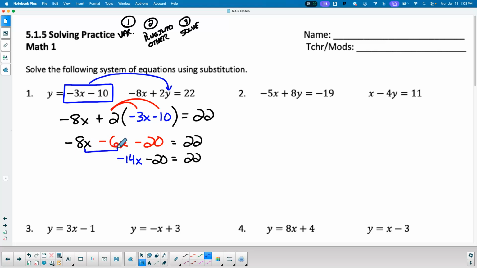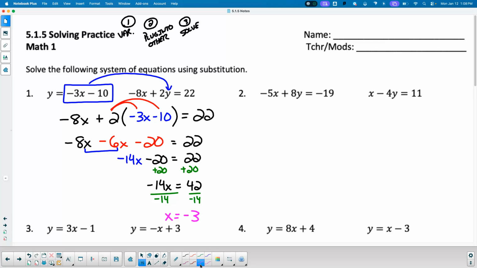We can add 20. We can divide by negative 14. And that gives me x is negative 3.